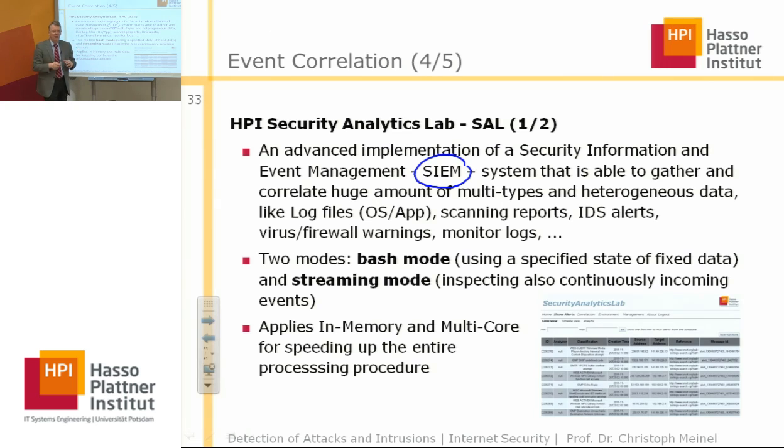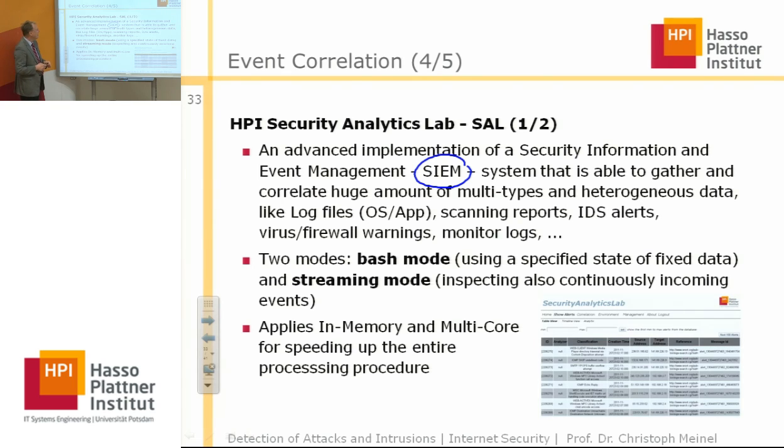We have all this most advanced computing power at hand. And we try to use it for the purpose to find out whether a complex network of systems is attacked.